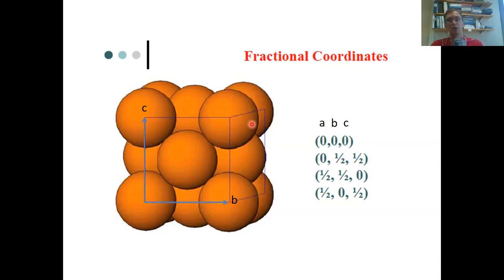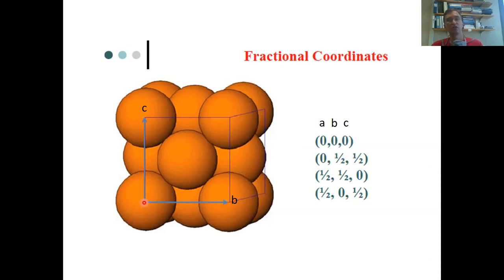So now, what about an atom sitting on a face center? So, for instance, this atom here would be described by the fractional coordinates 0, a half, a half. Why is that?